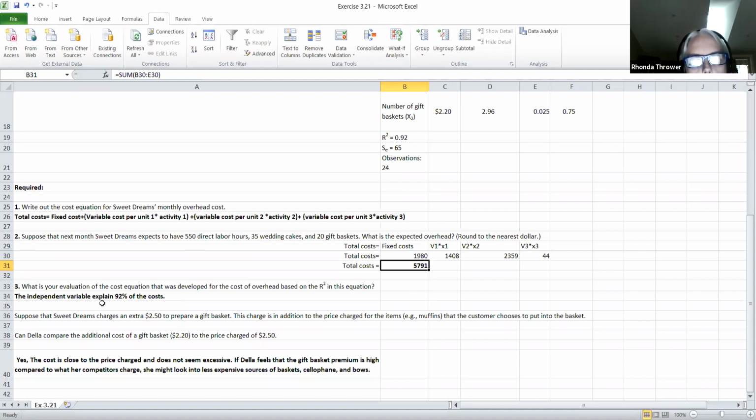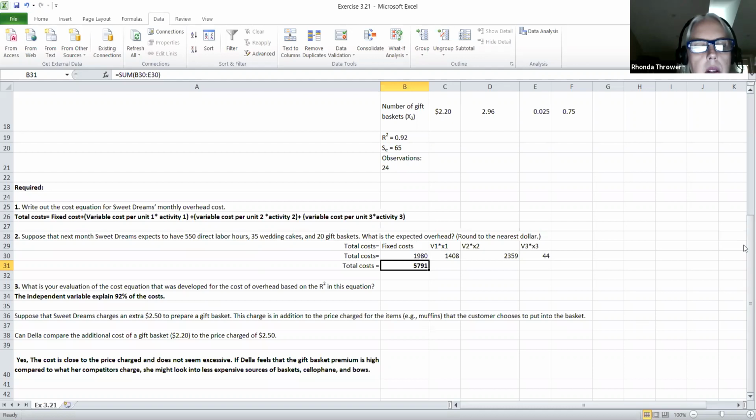So the independent variable explains 92% of the cost. And I would say that was pretty good. If it gets down to like 75%, you might want to search for some other way to calculate your variable cost. In other words, you might want to see if there's something else that's driving the costs that you are looking at.